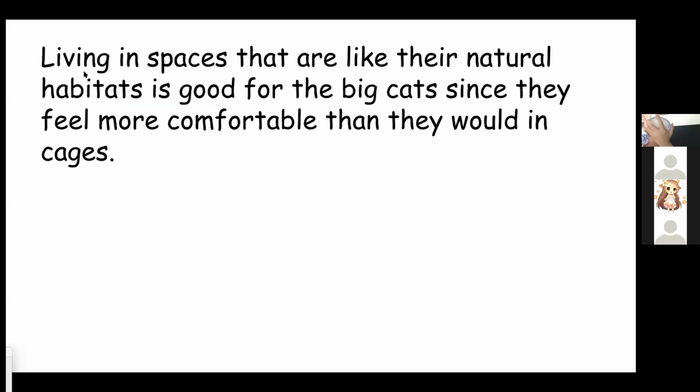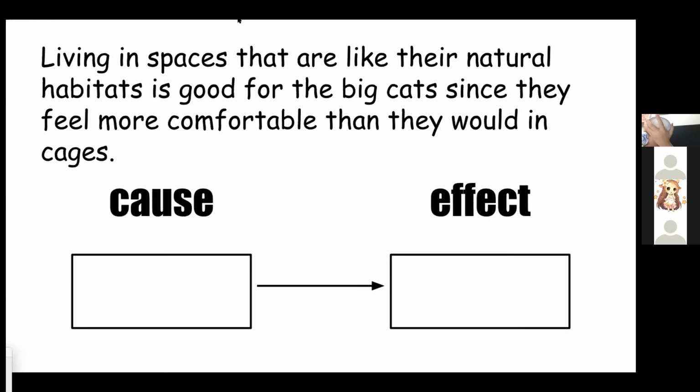So, does anyone see a cause in this sentence? What is the cause here, and what would be the effect? I think it is living in spaces that are like their natural habitat is good for the big cats since they... Okay, so I just want one cause in this sentence.